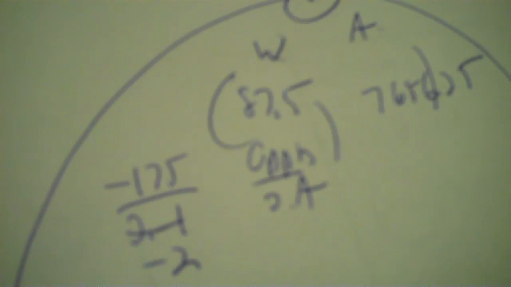And that's what we get, 7,656.25, and that's your maximum area. So by making the width 87.5, maximizes our area, 7656.25. Okay, square feet. That's how you label area.